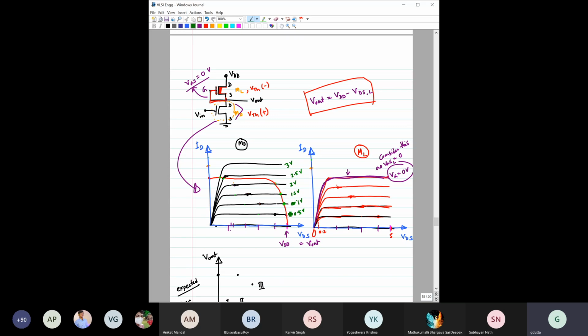So what I'm trying to say is that from 2 volt, when you increase it to 2.5 volt, the output voltage, see earlier the output voltage was this much, right? This is 0 from here till this much. And all of a sudden, when you change the input voltage from 2 to 2.5 volt, the output voltage changes from this much to this much. So for this transition region, the change in output voltage will be quite significant, and that's also quite easy to understand graphically, right?